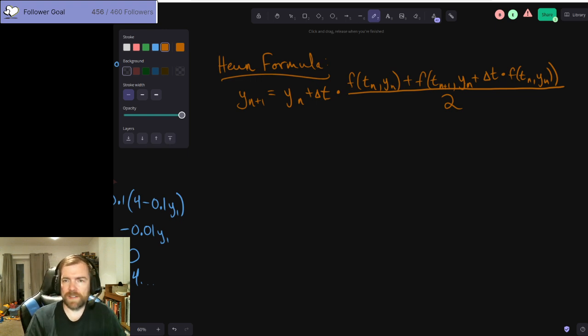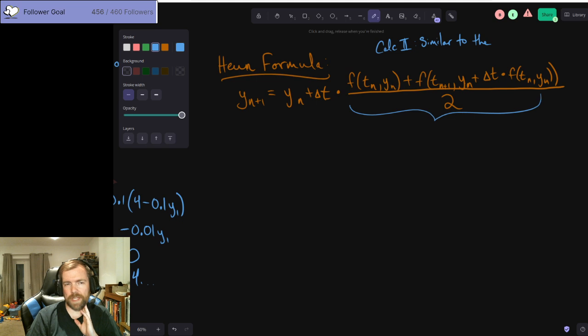So I tie this in to what my students have learned in Calc 2. I don't know if you can see it. But here we're doing the whole, like, finding the average of two values.